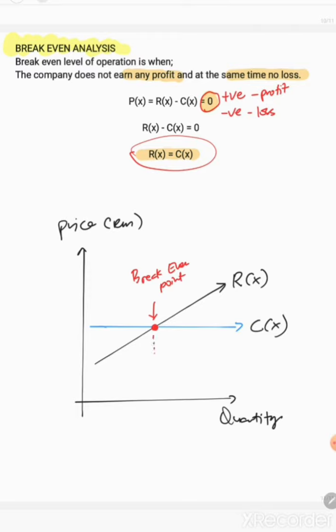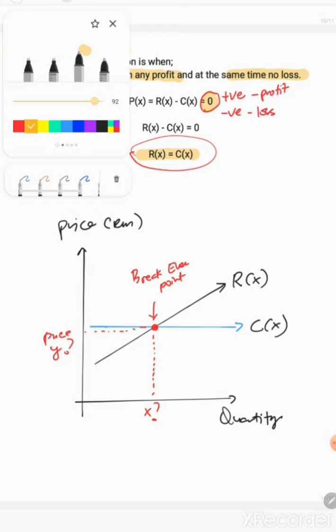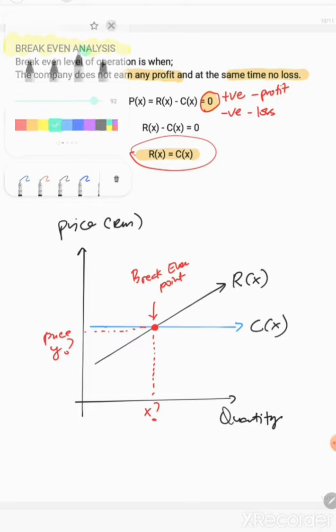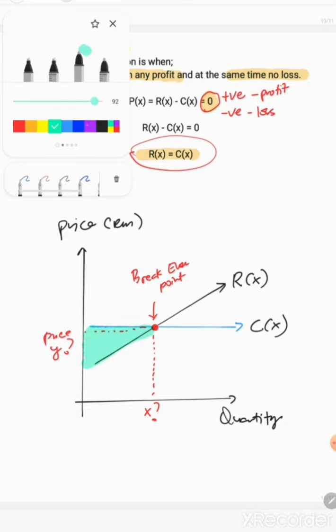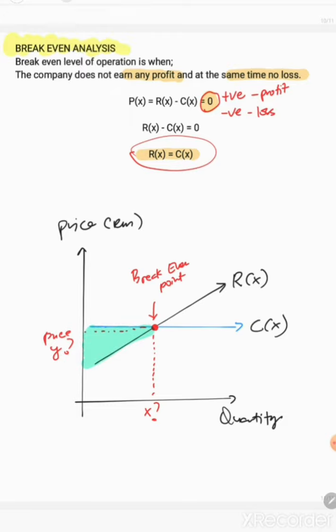Okay, so this is a point for the x, for the quantity, this one point for the price, y. Okay, and I want to show you where the area where the seller loss. Okay, this is loss area, and the other one, this is where the seller earn profit in the graph.